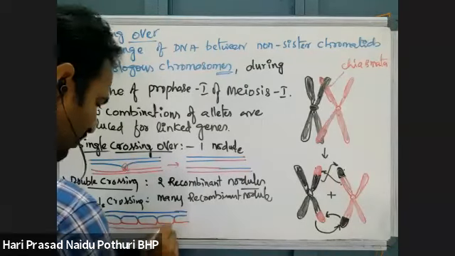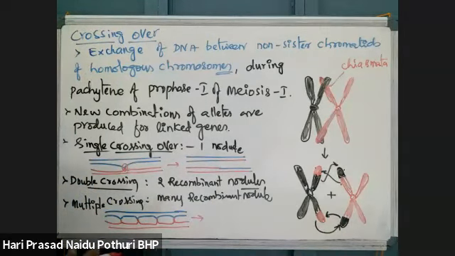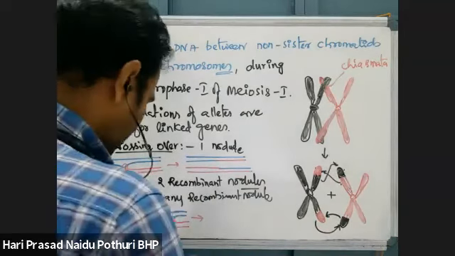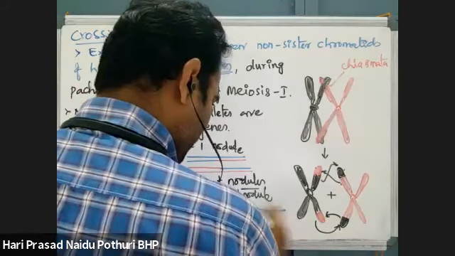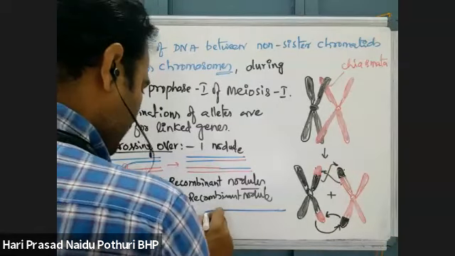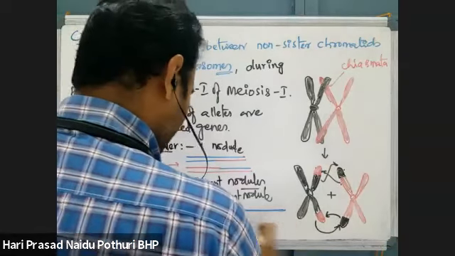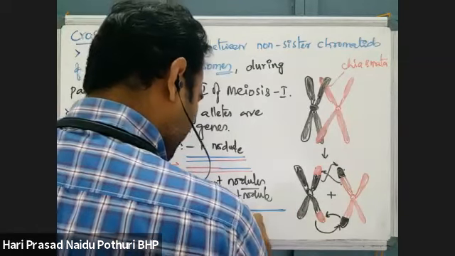This is another homologous chromosome. If recombinant nodules are many, what is resulting here? This chromatid will be the same, while another chromatid is undergoing changes like this.